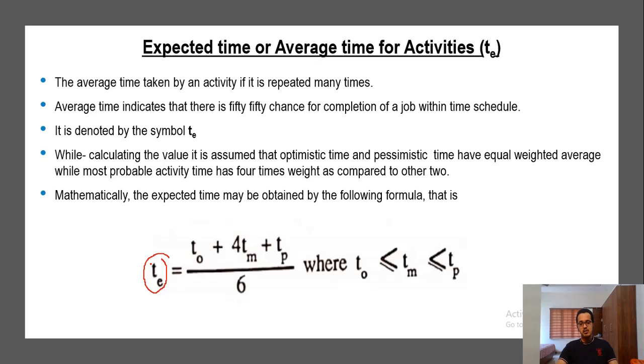Whenever you get a problem with the PERT method, the question itself will give you the values of optimistic, pessimistic, and most likely time, and from those values you will have to calculate the expected time TE using this formula.